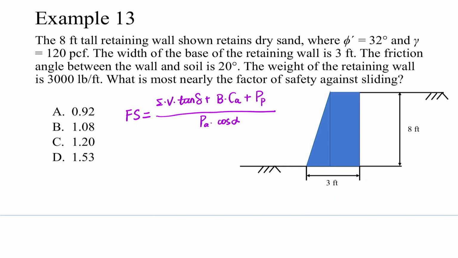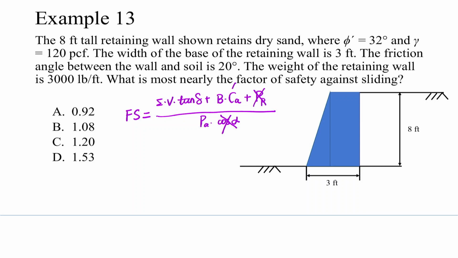So essentially we don't need this one. And we don't really have a passive component as well. The passive component, we're talking about probably a wall looking more like this, where the toe of the retaining wall is embedded into the soil, so you have a passive force going like that. Again, for our case, we don't have it.